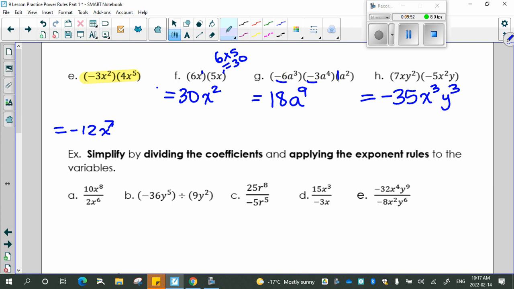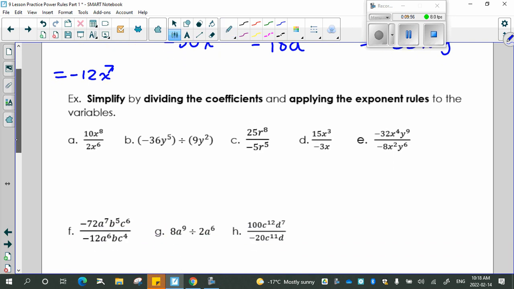Okay, now we're dividing. So simplify by dividing the coefficients. Again, we're just simplifying here, and then applying exponent rules to the variables. Okay? So remember when you see this, it means divided by. So 10 divided by 2, we divide the coefficients.